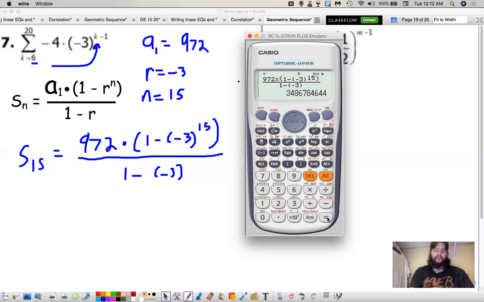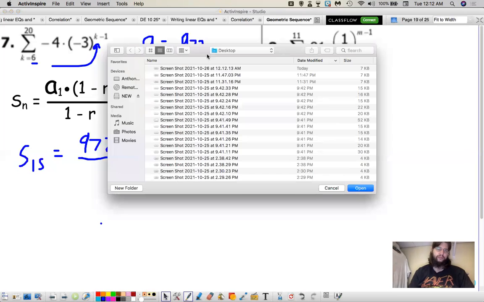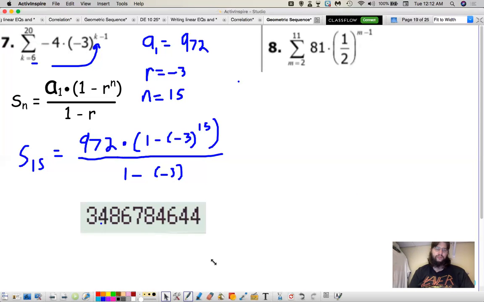Sure, whatever number that is. The calculator will give it to you, just write it down. So S15 is this.